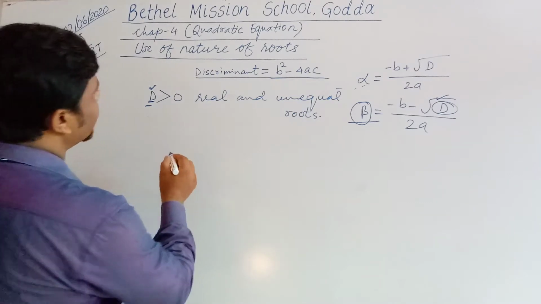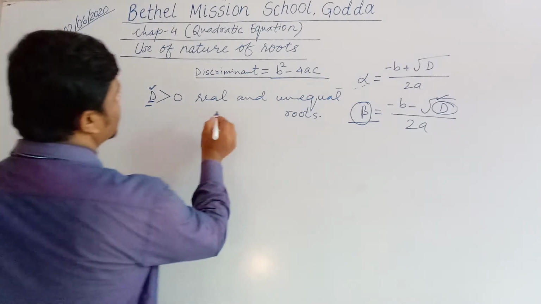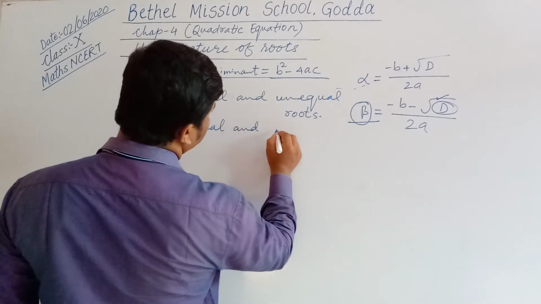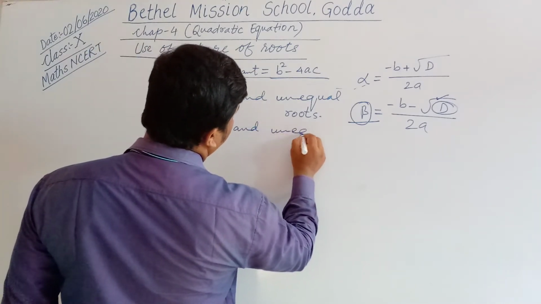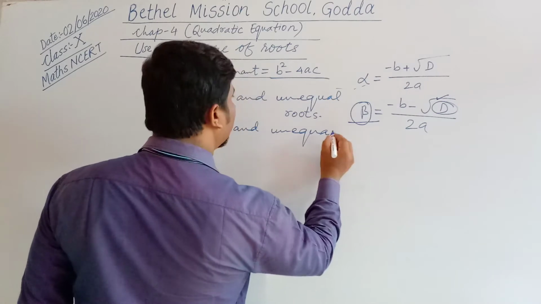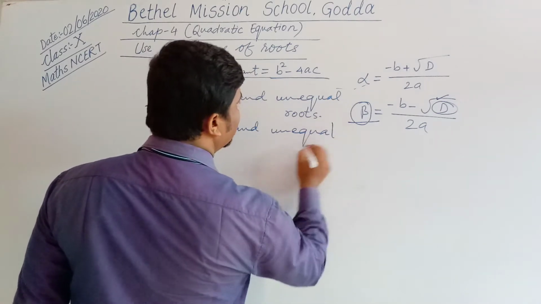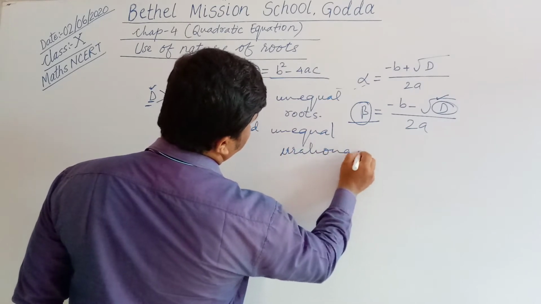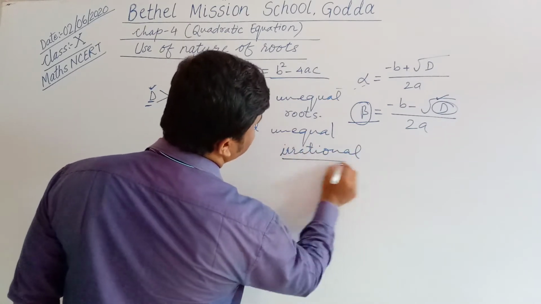So when it remains irrational, there will be real and unequal irrational roots.